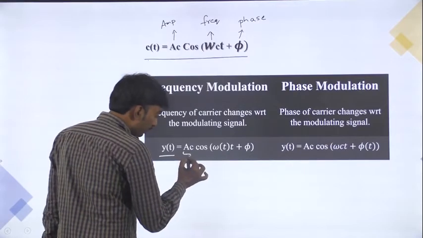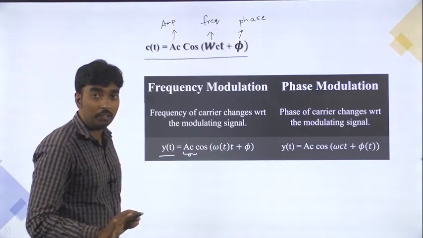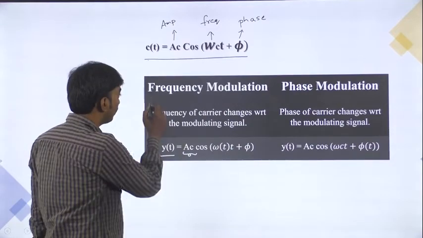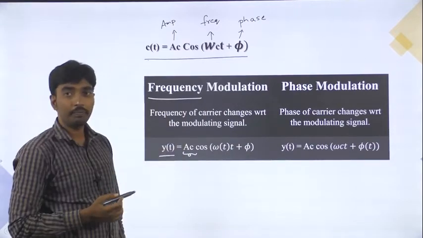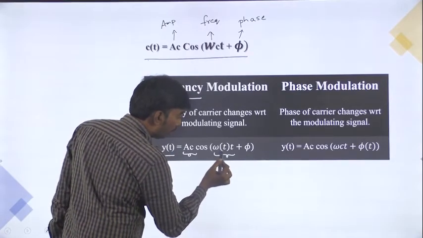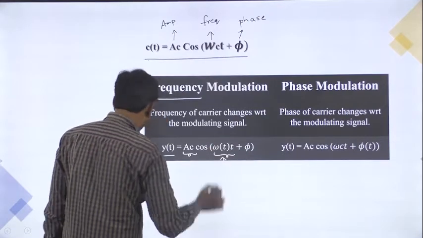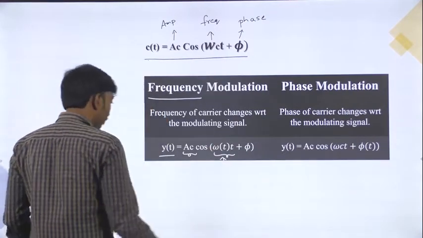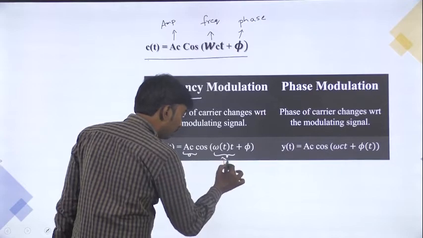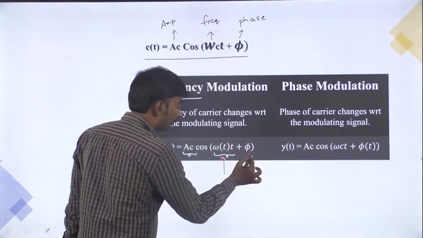now if you see, this is similar to the carrier. Now I am not changing any amplitude of the carrier because I am focusing on the frequency. Now only omega(t), that means this function, is varying with respect to time, and now this is constant.